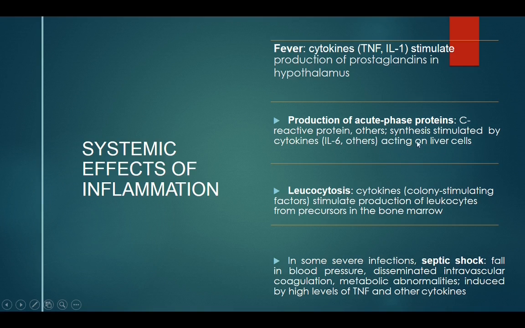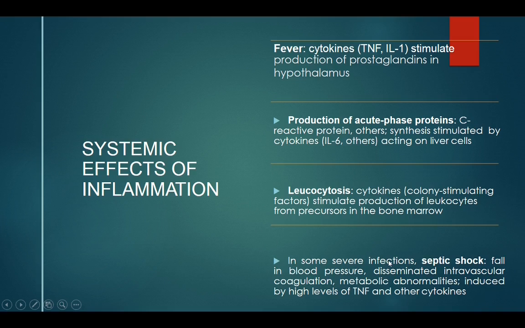Then there is leukocytosis, more leukocyte production because of colony stimulating factor, CSF. These act on the blast cells and progenitor cells of leukocyte formation, which through various steps of cell division give rise to leukocytes. So CSF stimulates the blast cells, leading to leukocytosis.